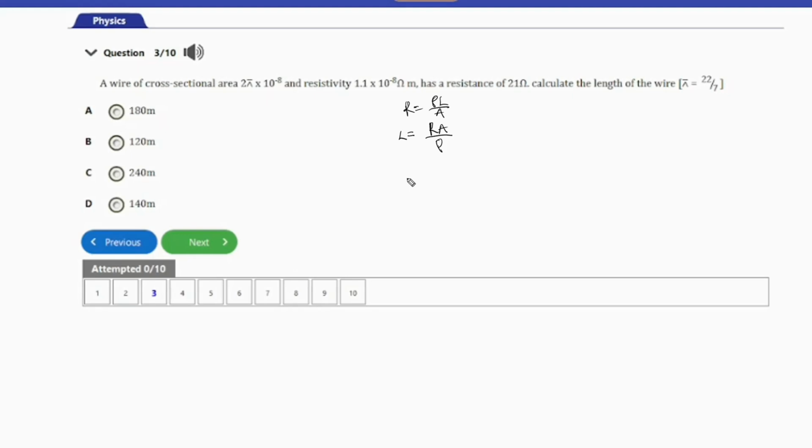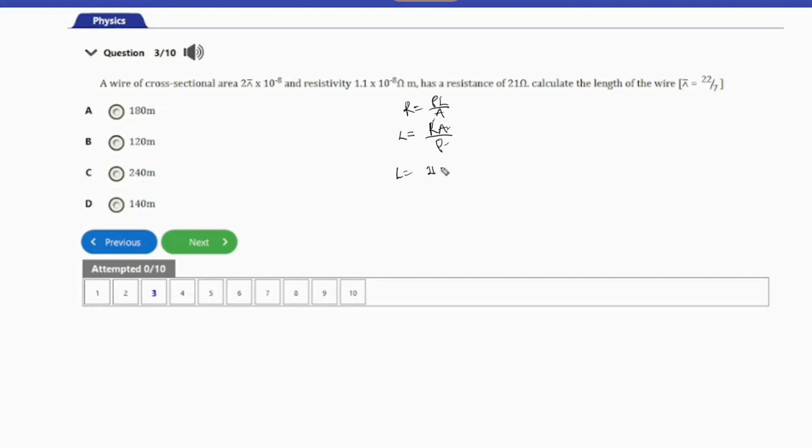So guys, in order for us to calculate this, we are going to input the value for each of these. Resistivity is given here, and the cross-sectional area as well is given. As well, the resistance is also given.